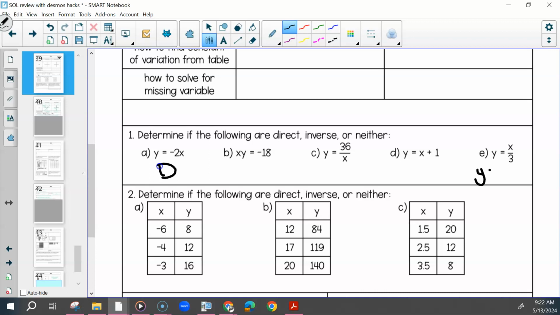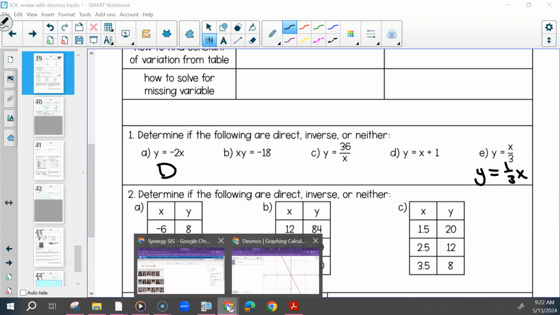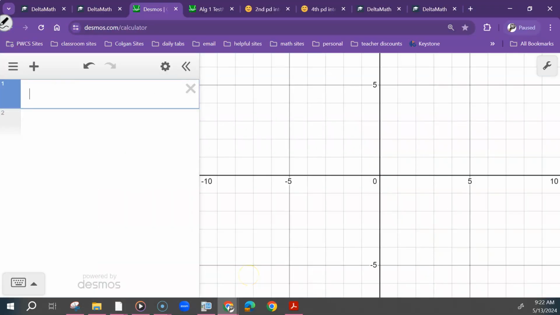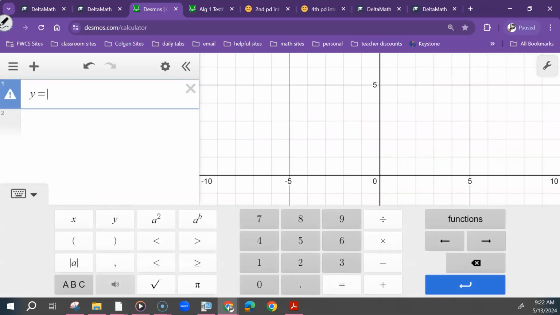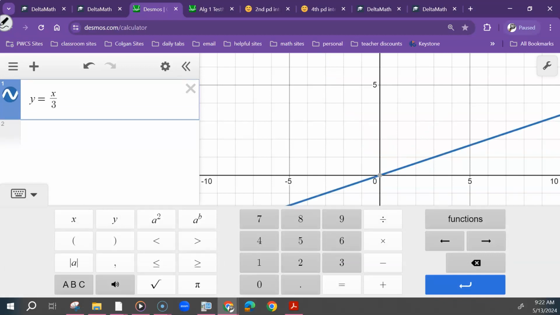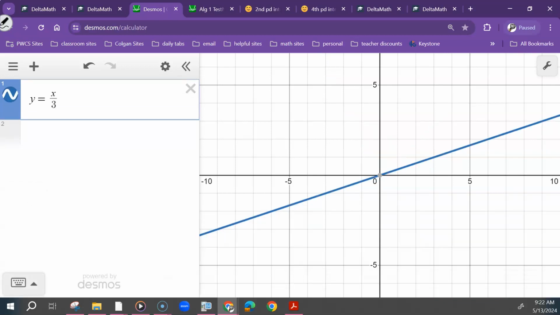And I could rewrite this as y equals 1/3 x. Or you could check the graph. I could put it in exactly as is. And again, we have a line that goes through the origin. So that one was also direct.